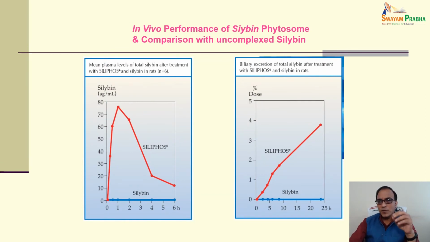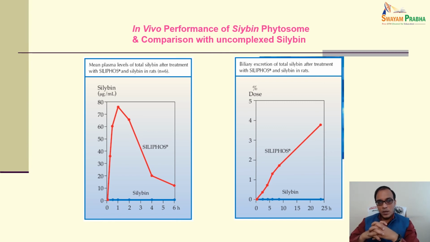The same in vivo performance you can also see for silibin. In the left one, you can see the silibin, and the upper one is silibin phytosome. So you can see these phytosomes have a good bioavailability and good area under curve, indicating the higher bioavailability in the case of phytosomes.